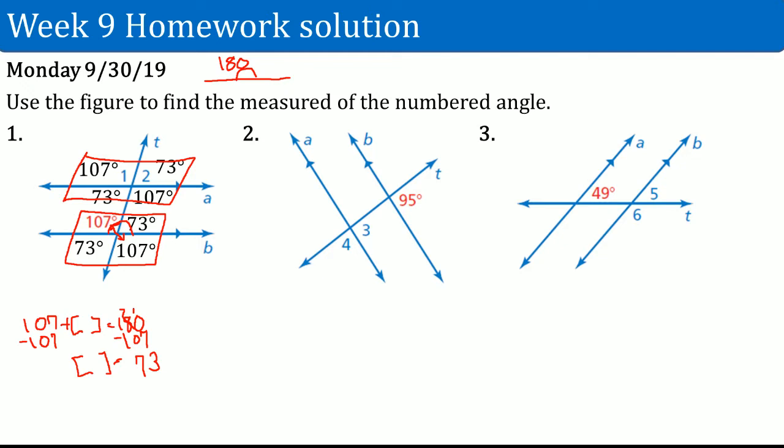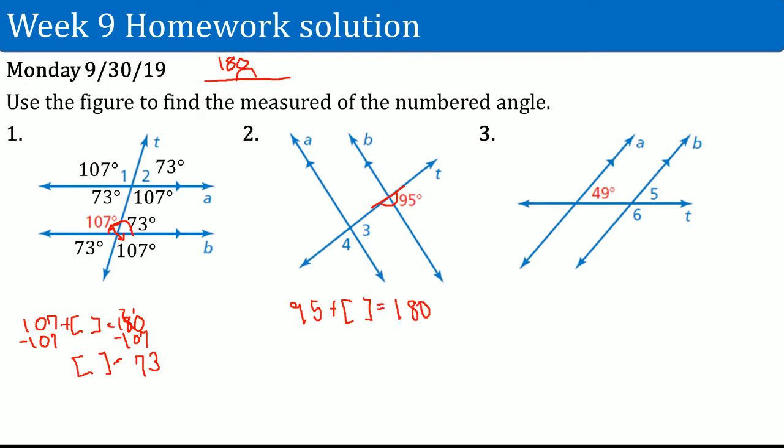Next, this is 95. Let's look at its linear pair. We know that this forms a line. So 95 plus something, I'm just going to put a box, you could put a variable here if you want, is equal to 180.